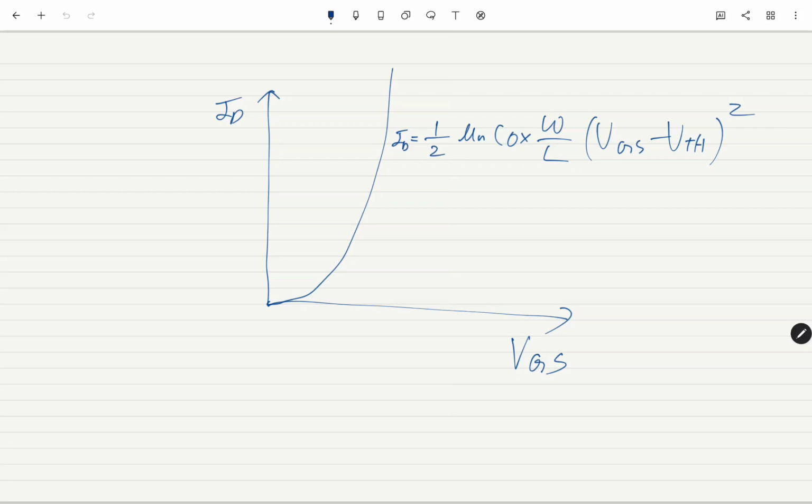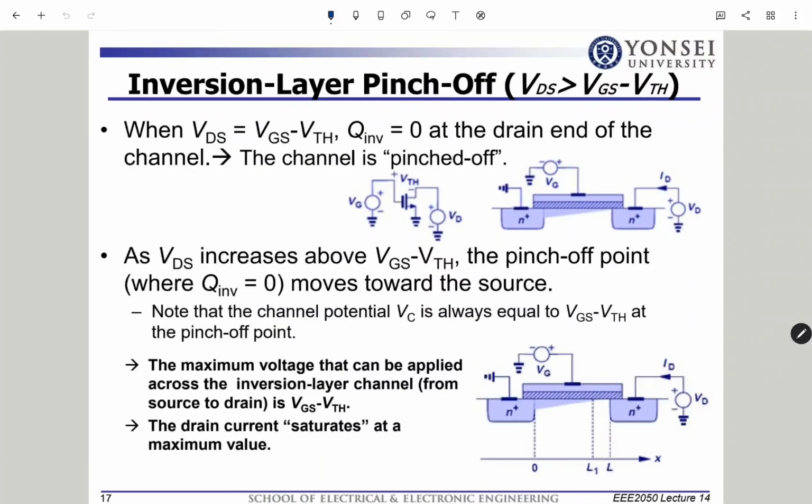Now, let us talk about the inversion layer pinch off. Please take a look at here carefully. The drain side is N plus. What about the substrate? P minus, right?